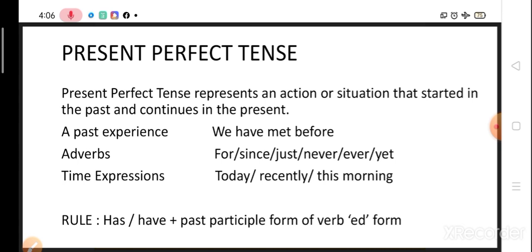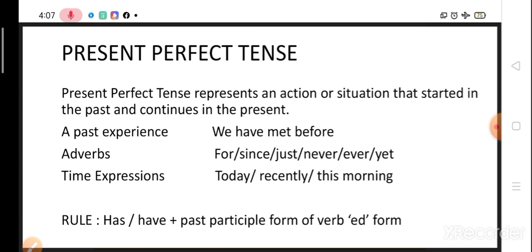So, a present perfect tense is used when we are talking about a past experience. We have met before. For expressing this concept of present perfect tense, we use adverbs like for, since, just, never, ever, yet, and some expressions like today, recently, this morning. Okay. All these things will be very clear to you when we consider the examples.